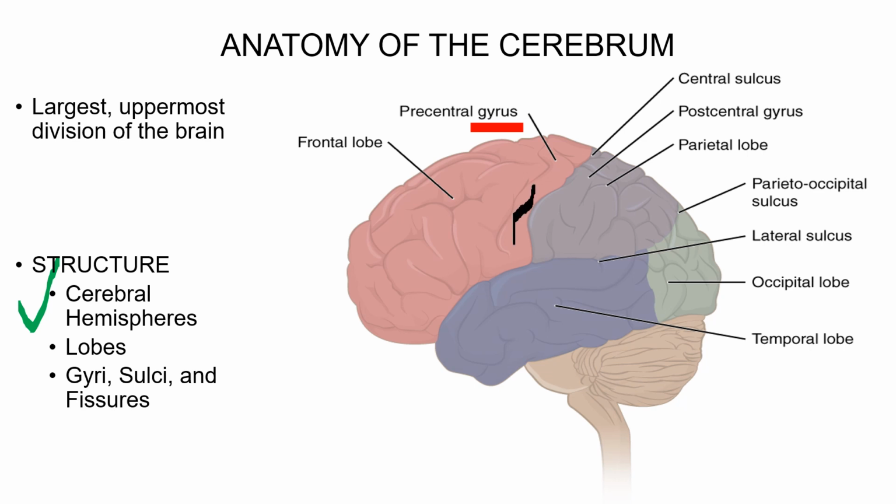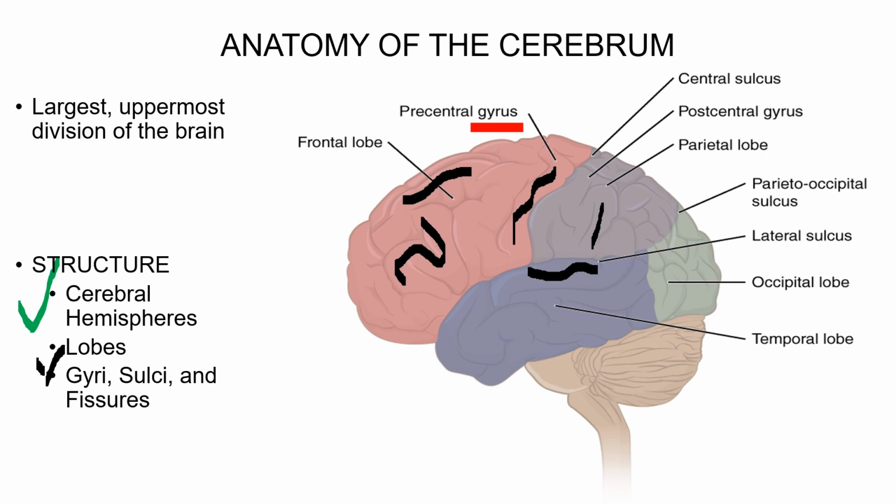For example, in the picture, it's pointing to something called the pre-central gyrus, but this is also a gyrus, this worm thing here. This worm here, this worm there. Basically, it's these bump-looking structures all throughout the cerebrum. And if we have more than one, we call them gyri.